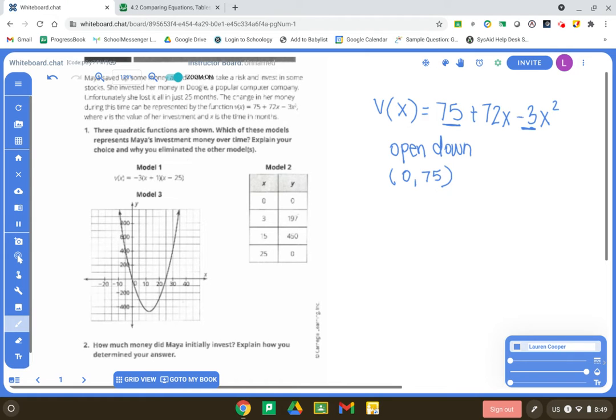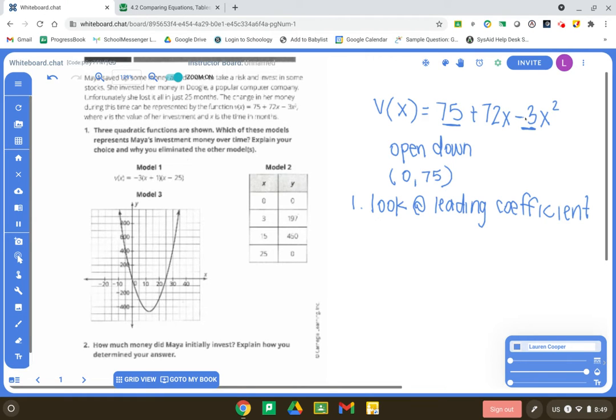So my first thing that I would do here is look at the leading coefficient. So my leading coefficient is -3.